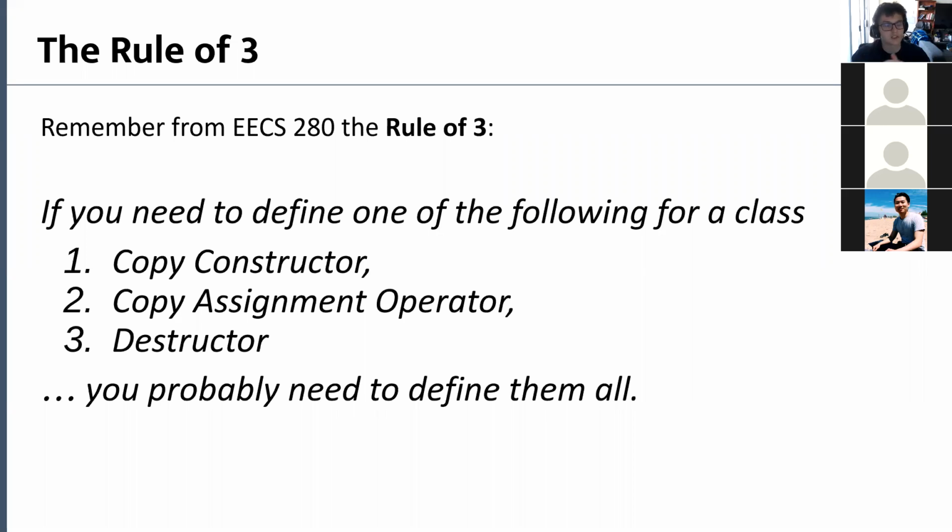And this makes sense because we don't want to just copy the pointer value. We want to actually copy the data that's being pointed to. So that would be what we would override the copy constructor and copy assignment operator to do. And in the destructor, of course, if we called new in the constructor, we're going to probably need to call delete in the destructor. So that's the idea of the rule of 3.